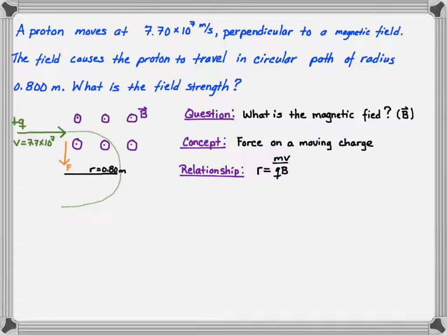But in this case, the acceleration is going to be a centripetal acceleration. So the acceleration is actually equal to v squared over R. Once I plug that back in for force, mv squared over R, and solve for R, I get this relationship shown here, which is R is equal to mv divided by qB.